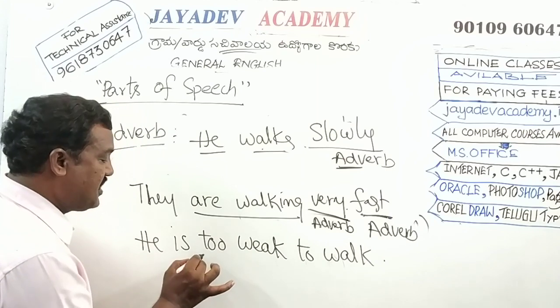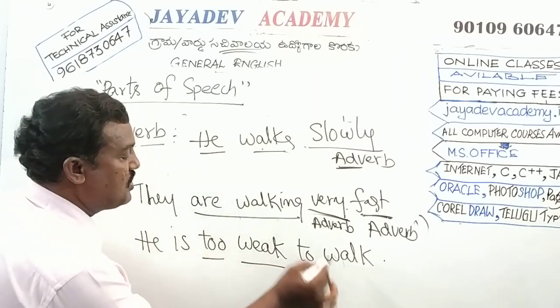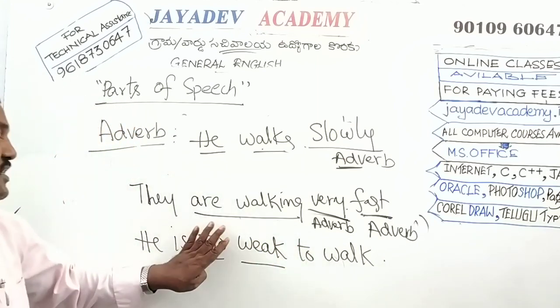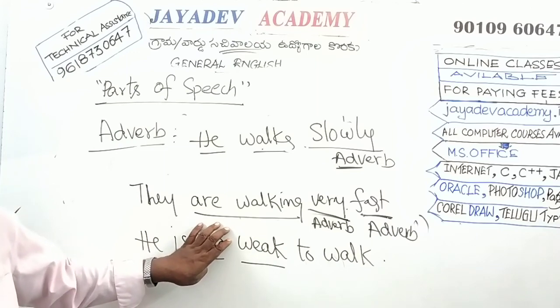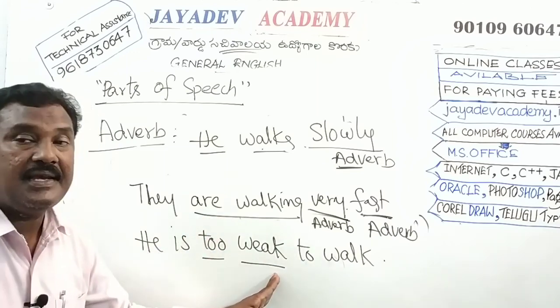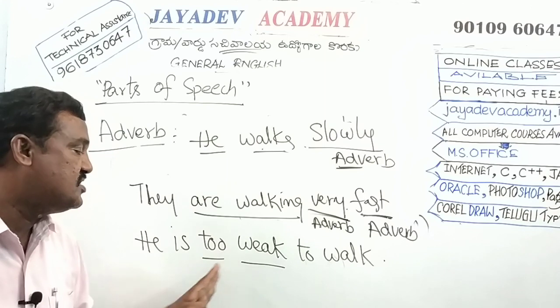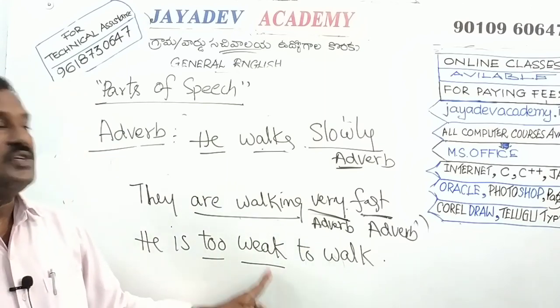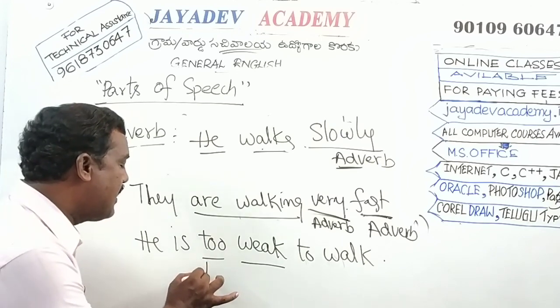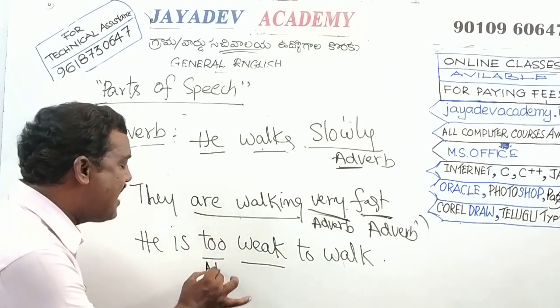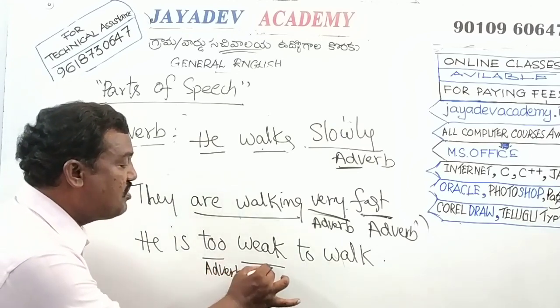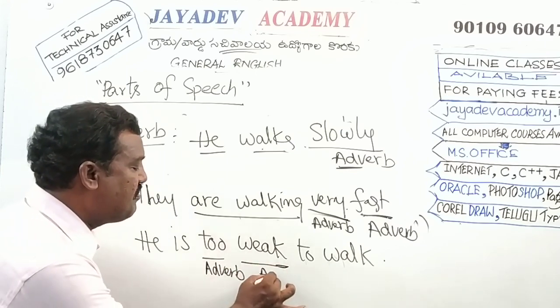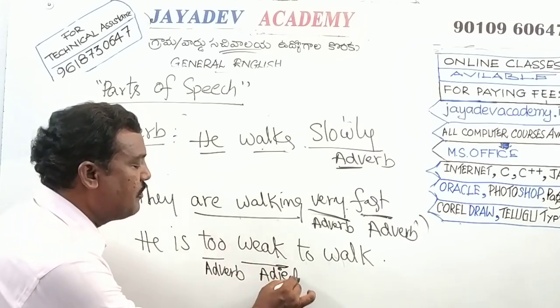For example, if you take here, he is too weak to walk. He is weak. Weak means adjective, you know. How is he? He is weak. How much weakness he has? Too weak. So here too is an adverb which modifies the meaning of the adjective.